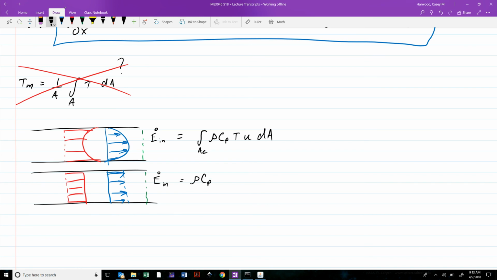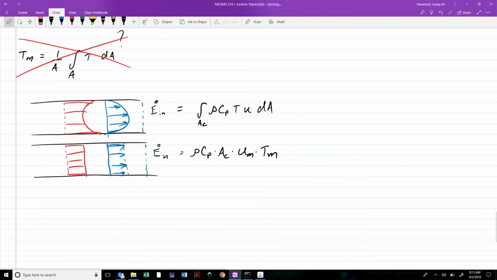Rho Cp times Ac times Um times Tm. So we get the mean temperature by setting these two quantities across from one another and solving.